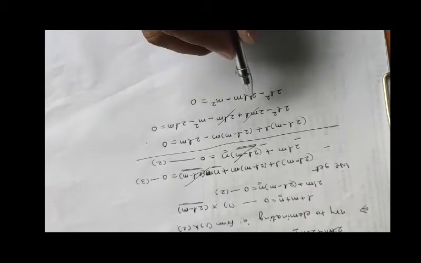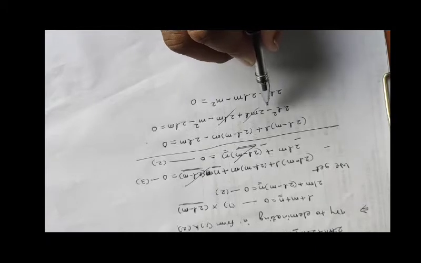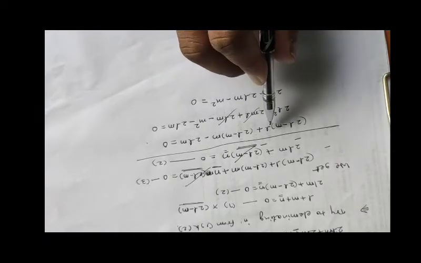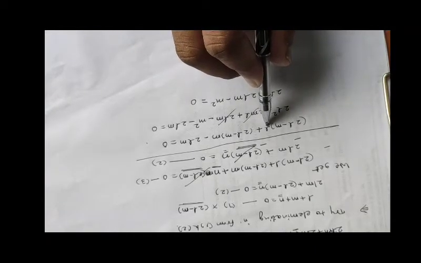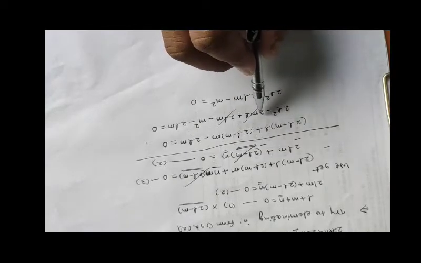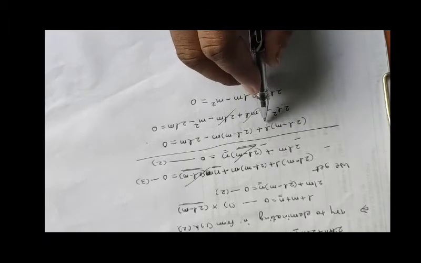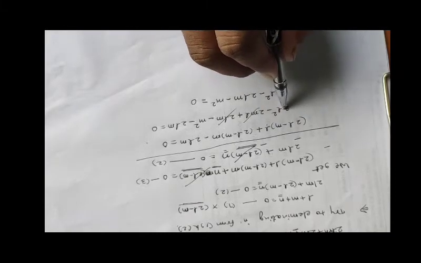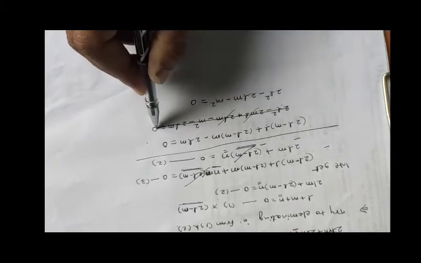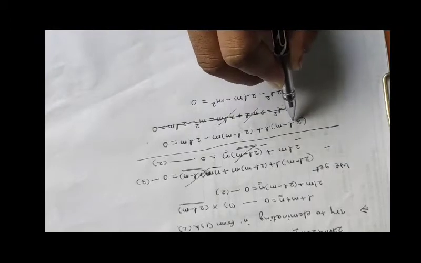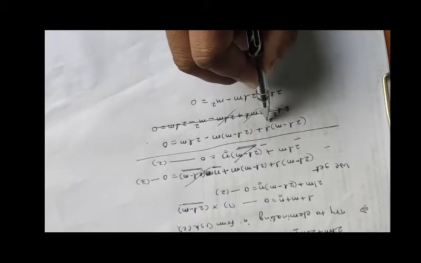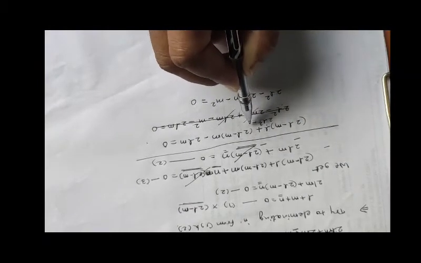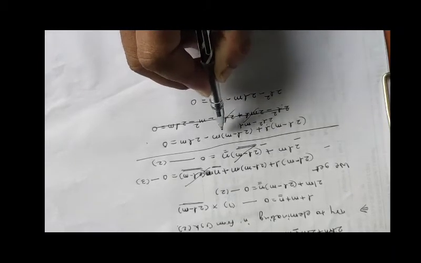Here there is some mistake in the multiplication. After multiplying by l, we get 2l square minus ml. Here one second. Here 2l into l means 2l square minus ml.